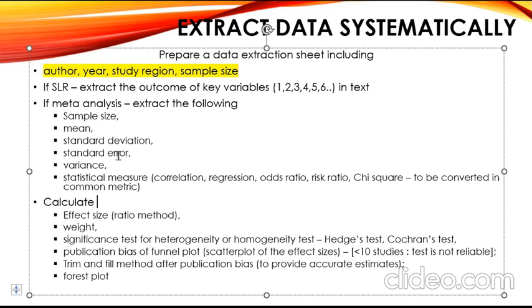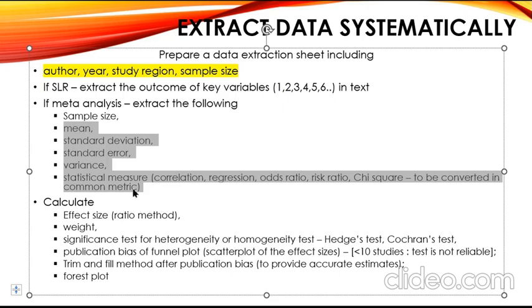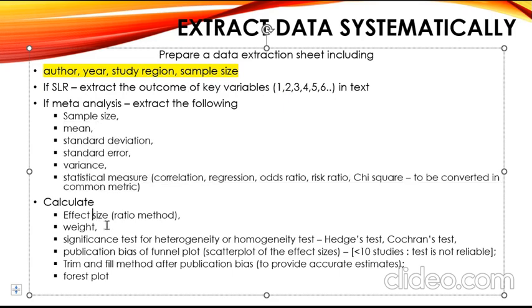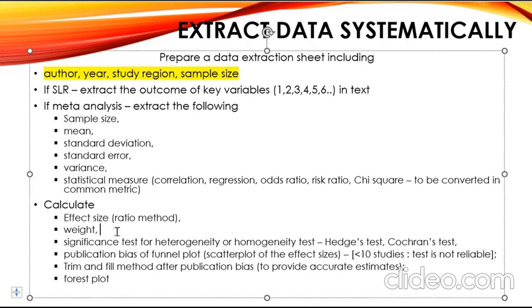Then, based on the collection of these numerical values, you should calculate effect size. Weight is w equal to 1 by standard error square.